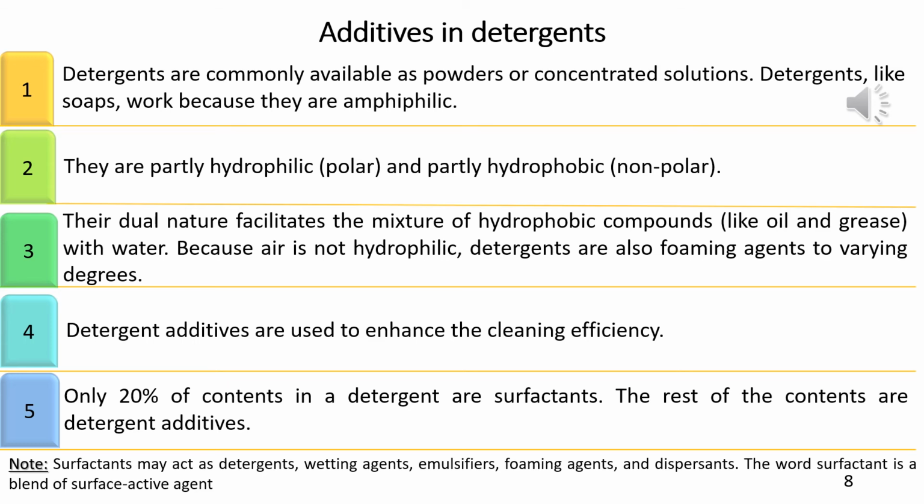This dual nature facilitates the mixture because they consist of hydrophobic compounds like oils and grease. So when we add the detergents and water in the laundry, the detergents remove the oil and grease from the laundry and remove the stains. So that's how this nature facilitates the mixture of hydrophobic compounds.